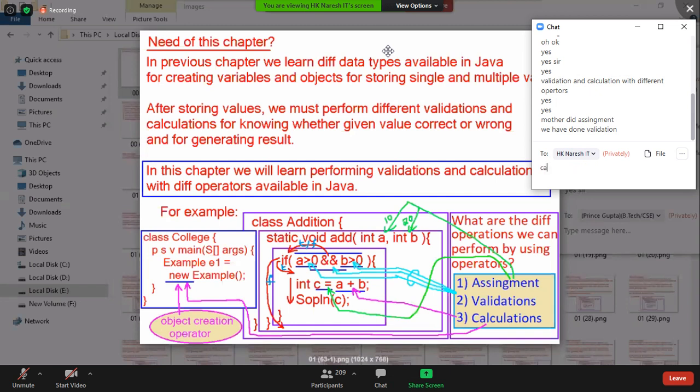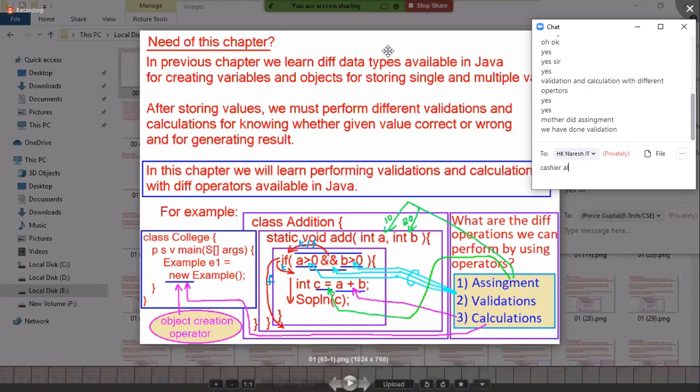Tell me now, what is the scan machine doing? Assignment. After that assignment, it is stored inside the system. Now inside the system, it starts doing this product, how many quantity into how much price, total. Right? 2 quantity, 100 rupees each. Total amount is what? 200 rupees. So complete information is coming.